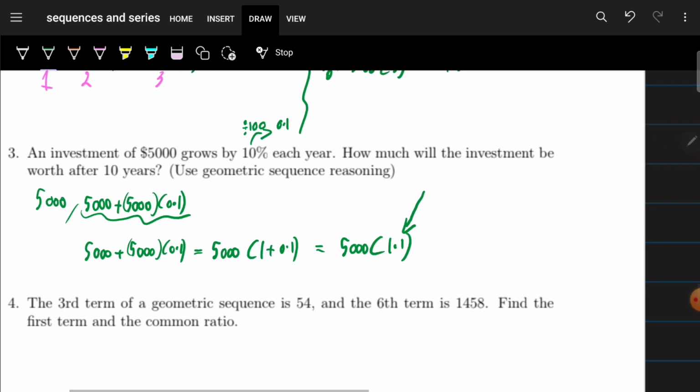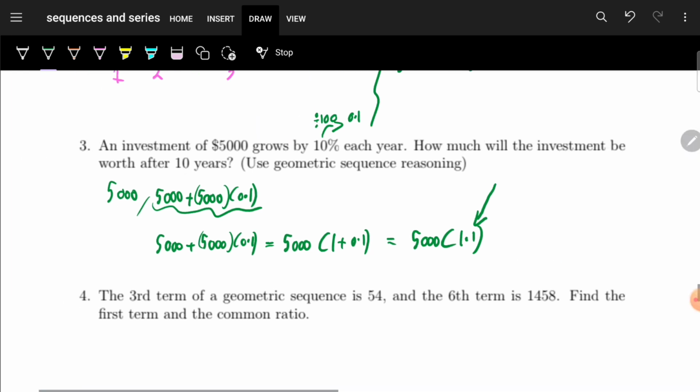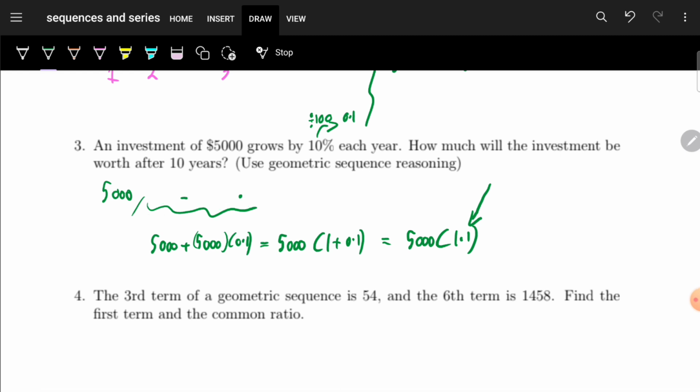If our interest was 5%, we would have 1.05. If our interest was 20%, we would have 1.2. If our interest was 7%, we would have 1.07. Okay, if our interest was 25%, 1.25. Okay, so instead of that, I'll just write 5,000 times 1.1.